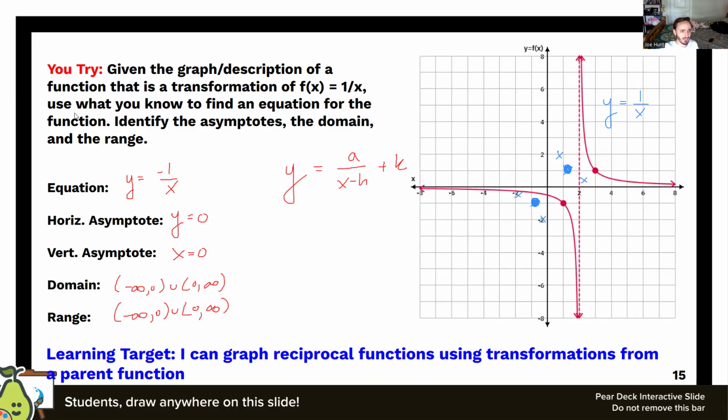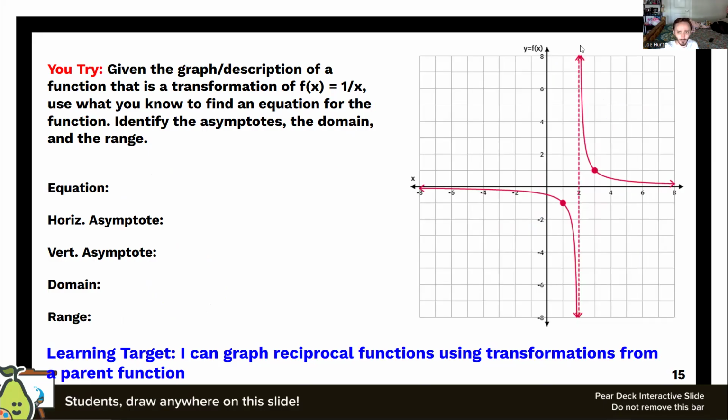Now, if you move on to the next one of the bunch, what you might notice here is that the vertical asymptote is not on the y-axis anymore. It's at this line x equals 2. It's gone right 2 units. And similarly, if you compare this to the parent function, which I'll draw in blue, of 1 over x, which has an anchor point at 1, 1, and another one at -1 comma -1, those have shifted right 2 units as well.